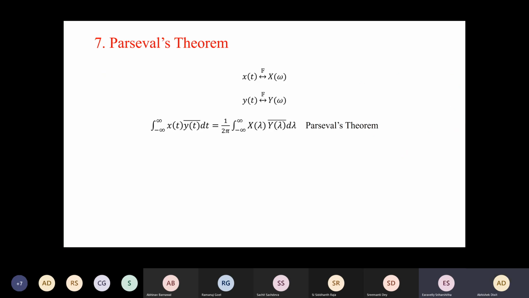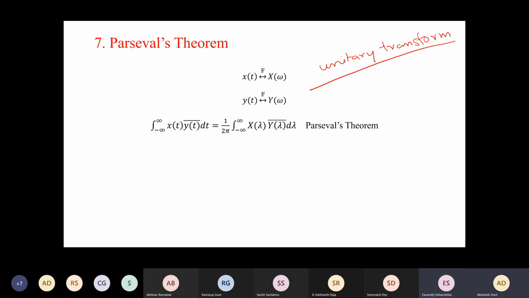Now another important concept: Parseval's theorem. If x(t) has transform x(omega), and y(t) has transform y(omega), then this Fourier transform is a unitary transform. What do I mean by unitary transform?